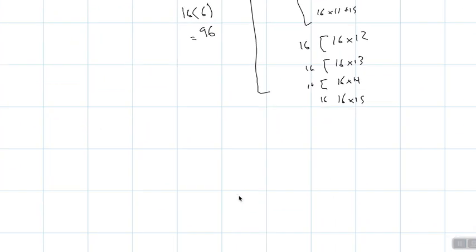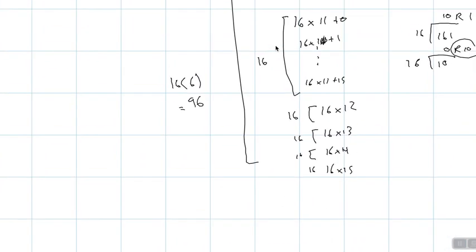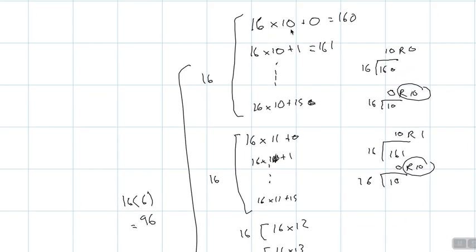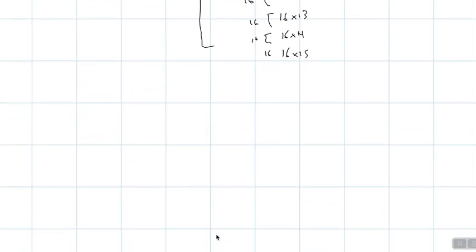Let's then go to the next set of numbers. We want to look at 16 times 26, because 26 divided by 16 is when we start getting a remainder that is 10. So 16 times 26 plus 0, 16 times 26 plus 1, and so forth, the same pattern as before, 16 each.